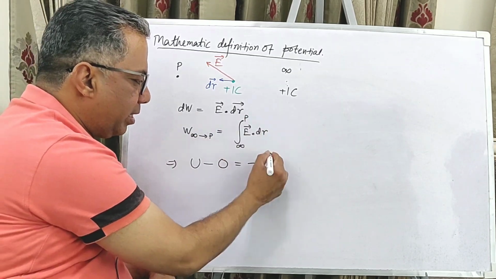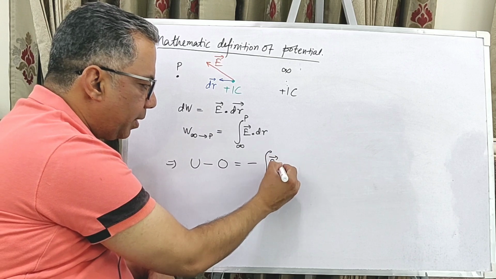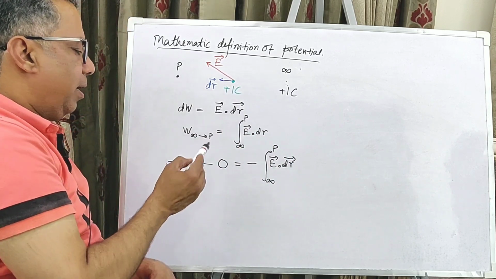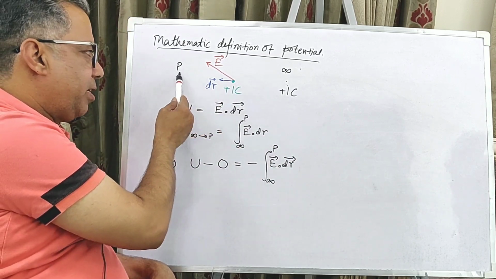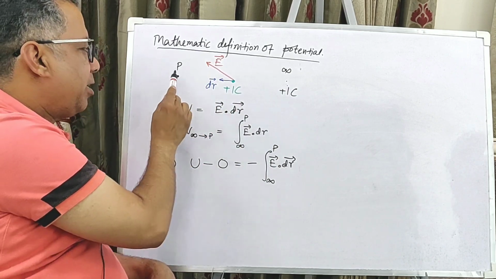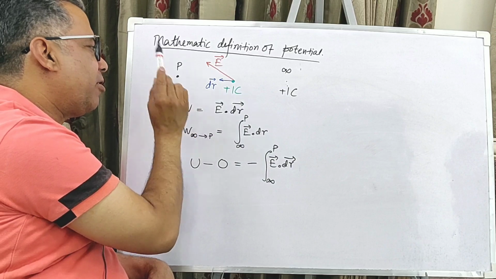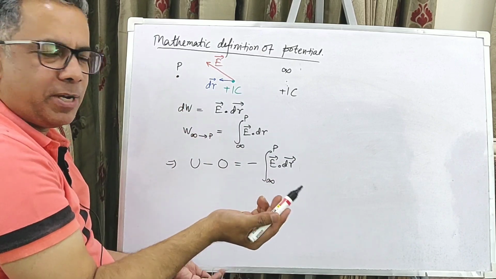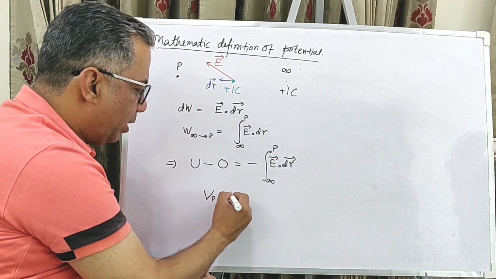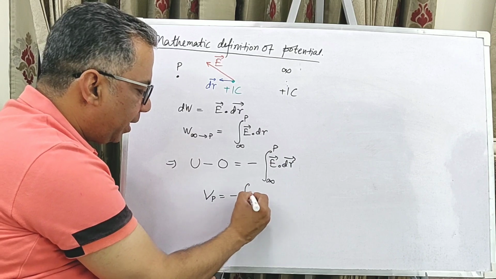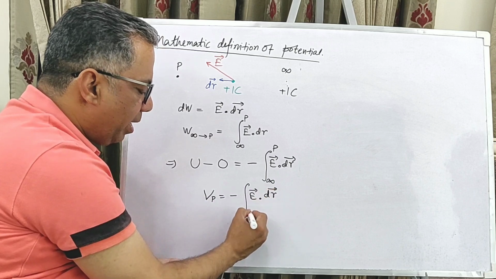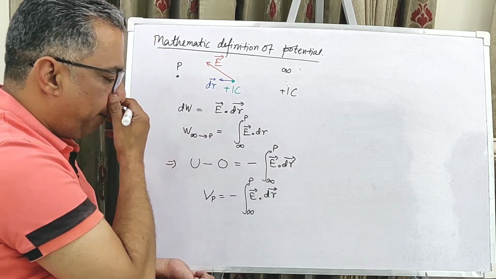So minus of this work, E dot dr from infinity to point P. Now this U is the potential energy associated with the presence of a 1 Coulomb charge at point P, and potential energy associated with the presence of a 1 Coulomb charge at a point is described as potential. So this potential at point P equals minus E dot dr calculated from infinity to point P.